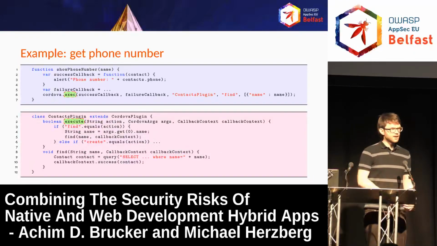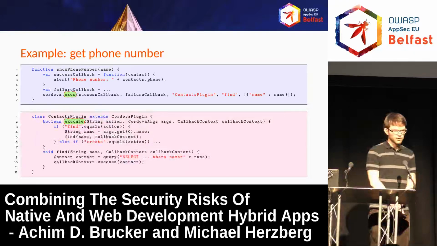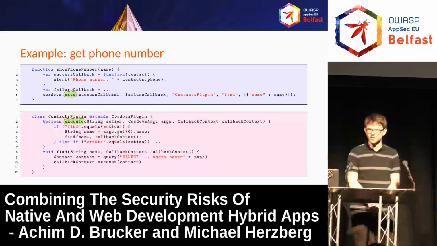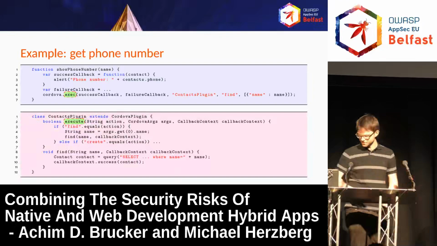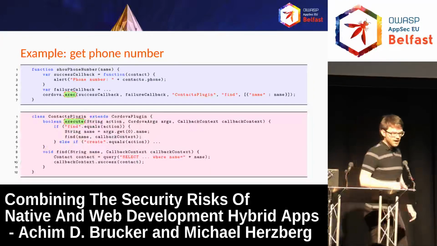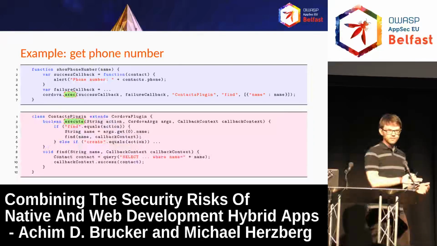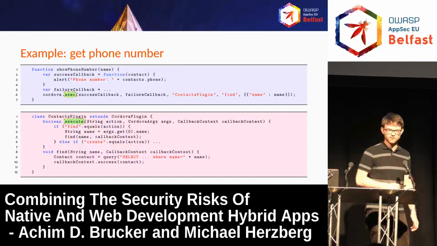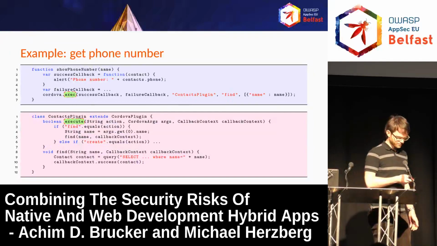The main part of this hybrid framework is the so-called exec or execute method that is provided by the Cordova framework. And this is the main method that allows you to communicate between the Java and the JavaScript part of your app.